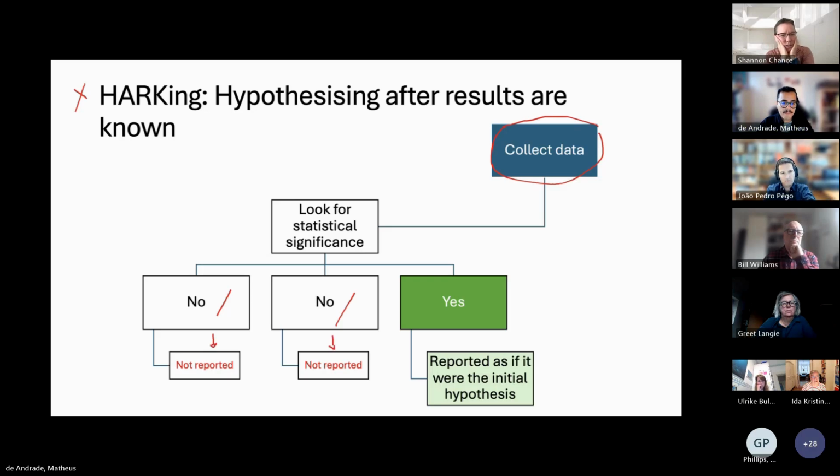But if we see it, we report it as if that specific research question were the initial research question to start with, or if that hypothesis were the initial hypothesis to start with. That's also something that we should not do, because it also increases the chance of a false positive, of the alarm going off when there's no fire.